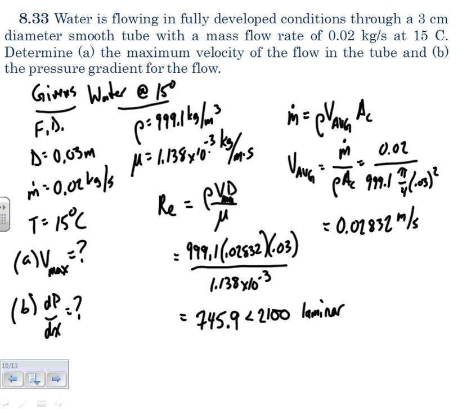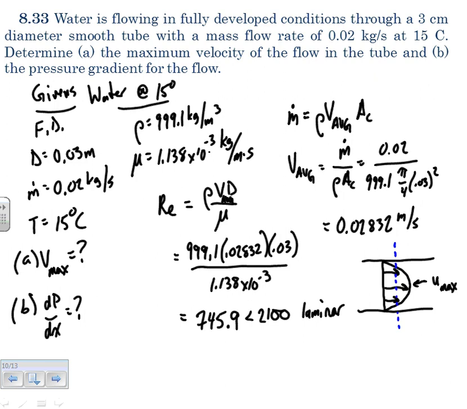For laminar flow, there's a solution. It's Poiseuille flow, right? And the flow in the tube, a laminar flow in the tube, we know that it has this parabolic profile. And we know also that the maximum value occurs at the center line. This is going to be Vmax or Umax. That maximum value occurs at the center line, and it's just equal to twice what the average is.